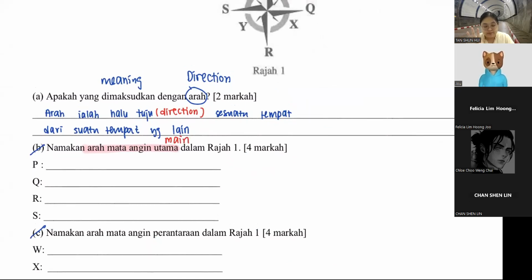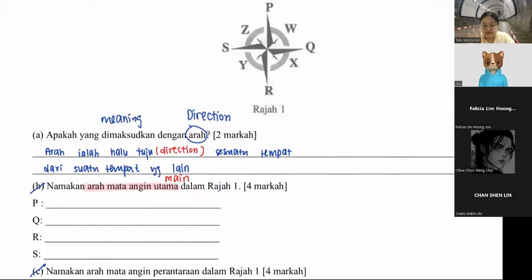Which four? PQRS here, right? Remember, every time the main direction is always that form. Barat, utara, selatan, timur, right? We have four directions. But which one? We've got to follow the sequence, right?